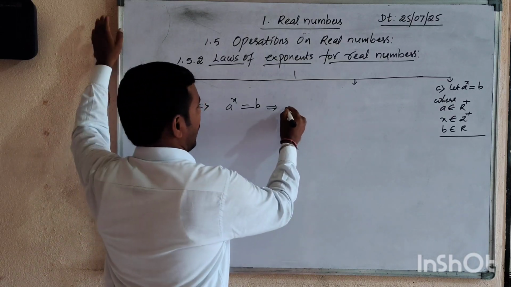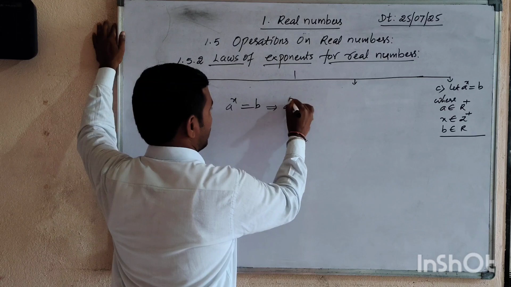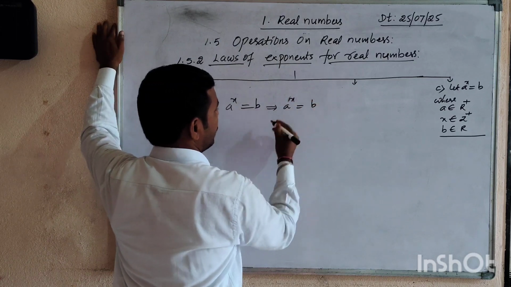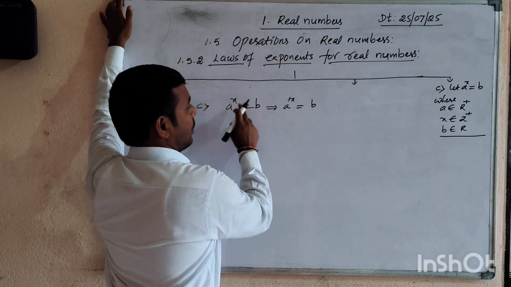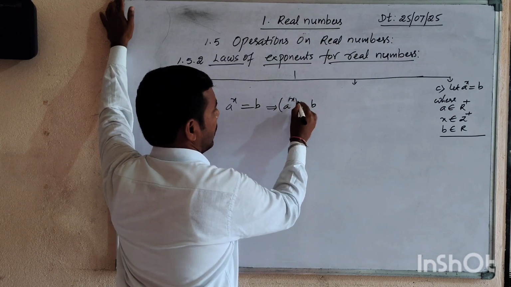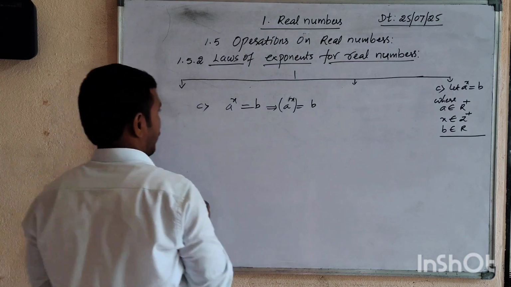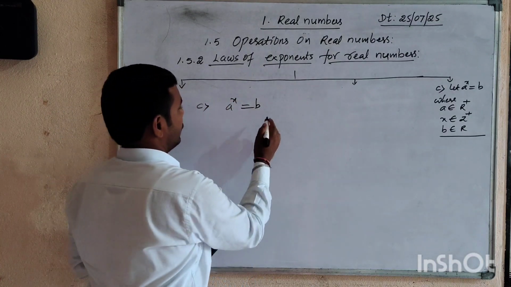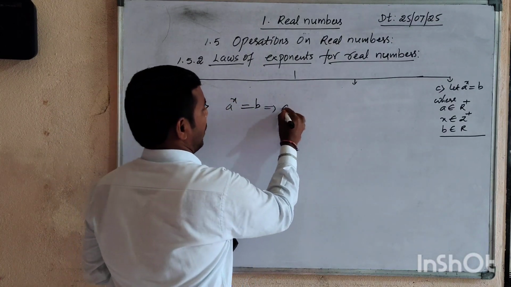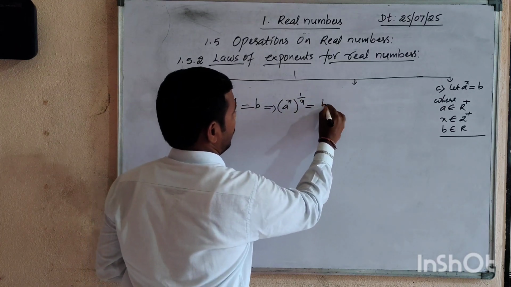See, a to the power of x is equal to b. To eliminate this x, what to do? Raise both sides to the power of 1 by x. Okay, let us see. a to the power of x, to the power of 1 by x, equals b to the power of 1 by x.